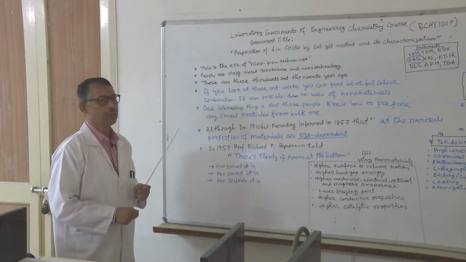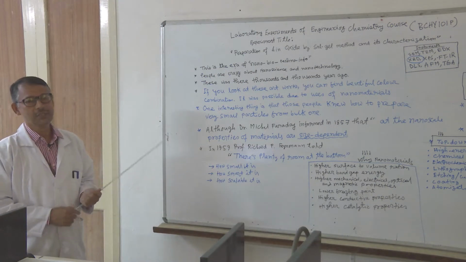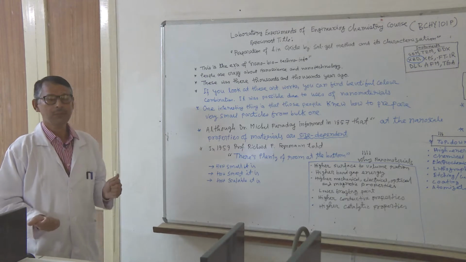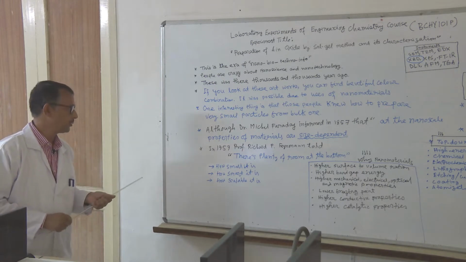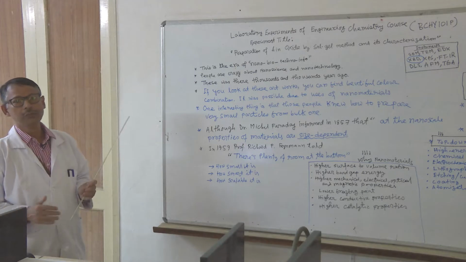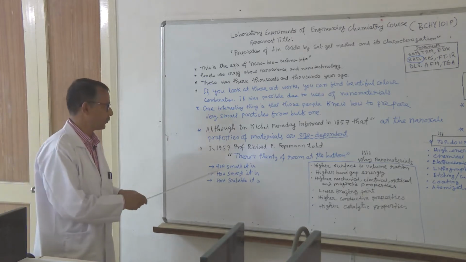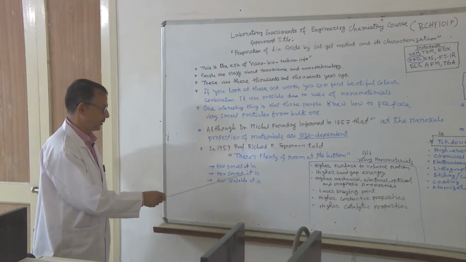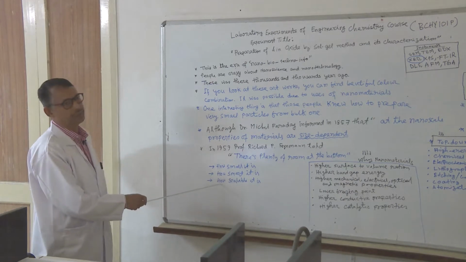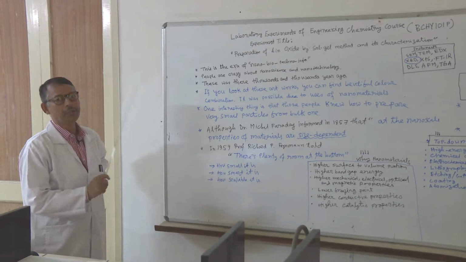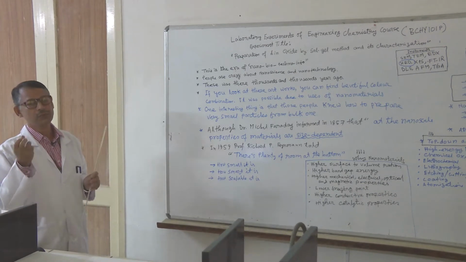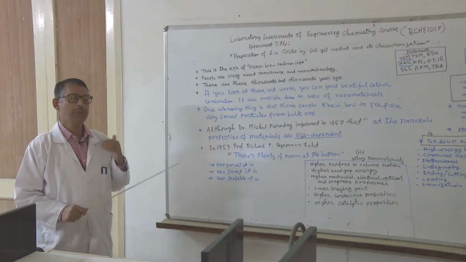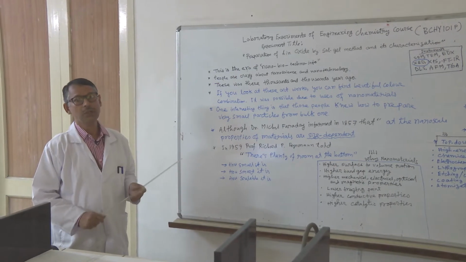That means if you reduce the size of the materials, we can do miracles. But he also told that when you are talking about materials, how small it is, how smart it is and how scalable it is. That means when you are thinking about small size particles, how you can make uniform or reproducible things.